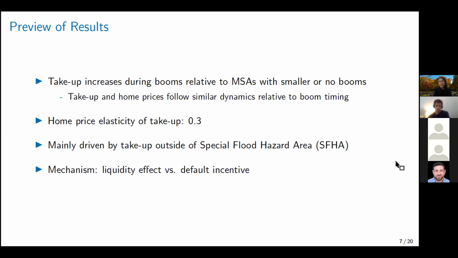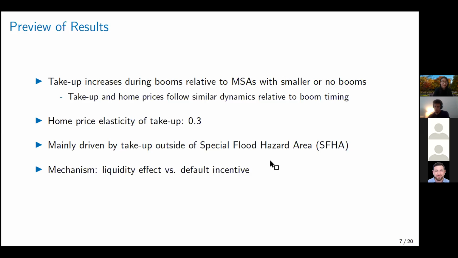Inside this area, if the household has a federally backed mortgage, they are required to have flood insurance by federal regulation. The fact that we find our effect is mainly driven by take-up outside of SFHA suggests that our effect does reflect voluntary purchase decisions by homeowners.